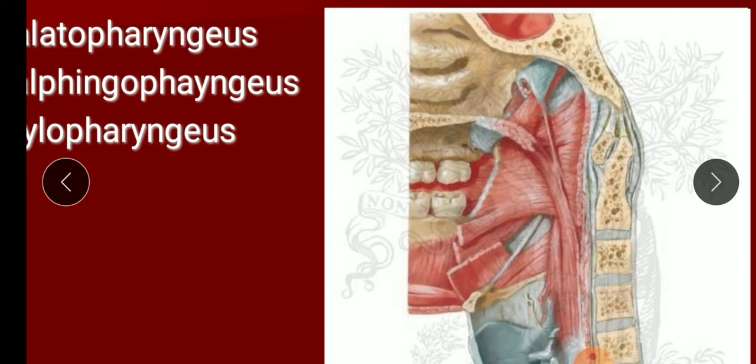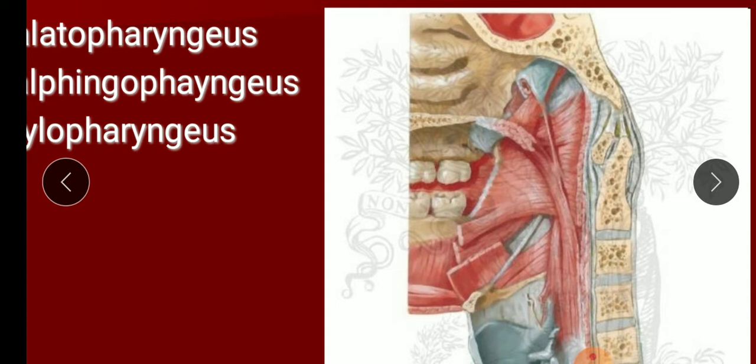That was in relation to what? Passavant's ridge. Do you remember that? Passavant's ridge. Okay. So this Passavant's ridge, which contributes in the formation of the nasopharyngeal isthmus, is mainly contributed by the palatopharyngeus with few fibers from superior constrictor. Okay. So that is the first muscle, palatopharyngeus.